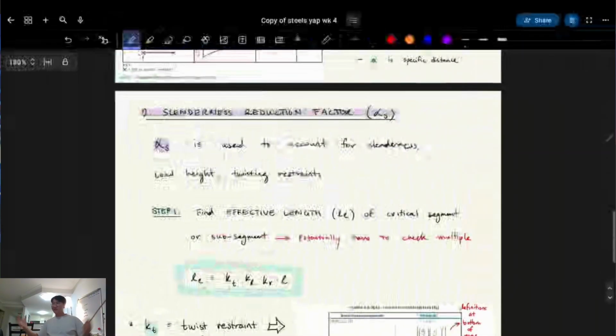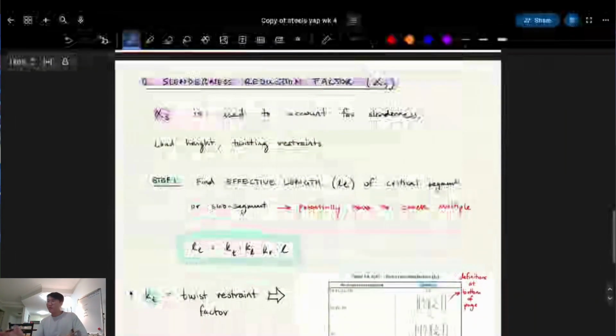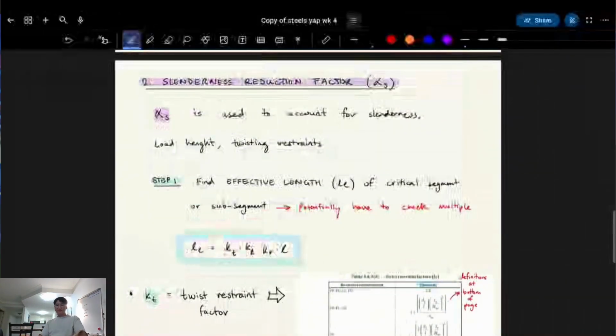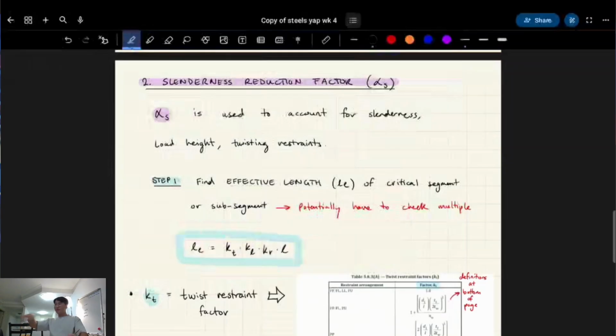Okay, slenderness reduction factor now. So we're back to reduction factor, and we're back to the one for bending specifically, right? Like before, we have LE, which is your effective length. It's a very similar concept, so we're talking about the length which it can buckle, basically, the buckling length.